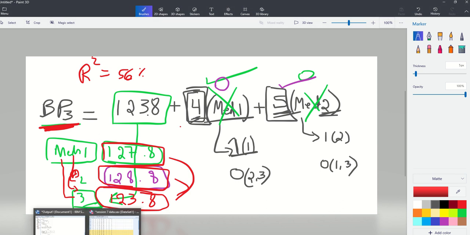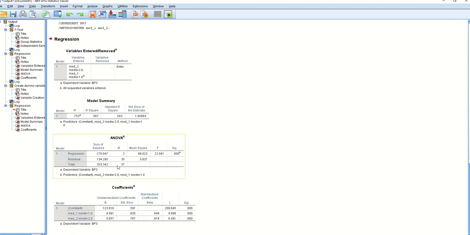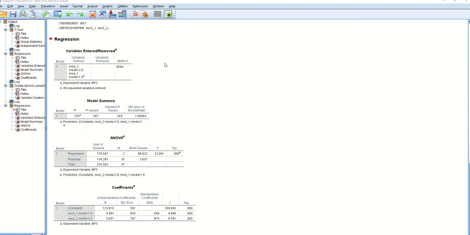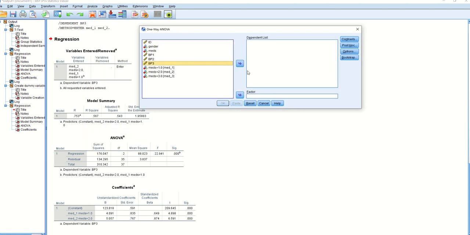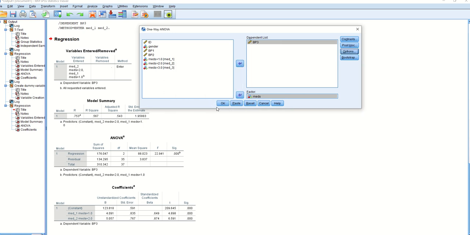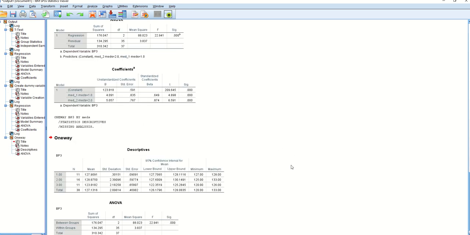So the last thing I'm going to do is compare the results we received here to running an ANOVA. So let me run an ANOVA. I'm going to put blood pressure 3, and I'm going to put meds here, request a descriptive, okay, and click OK.